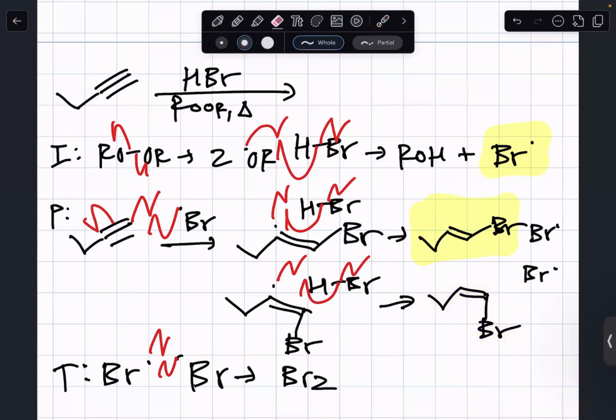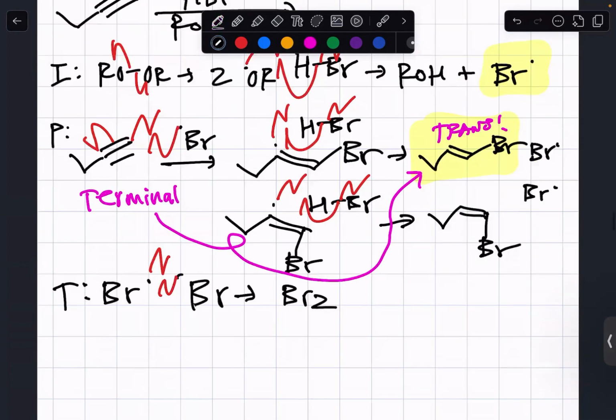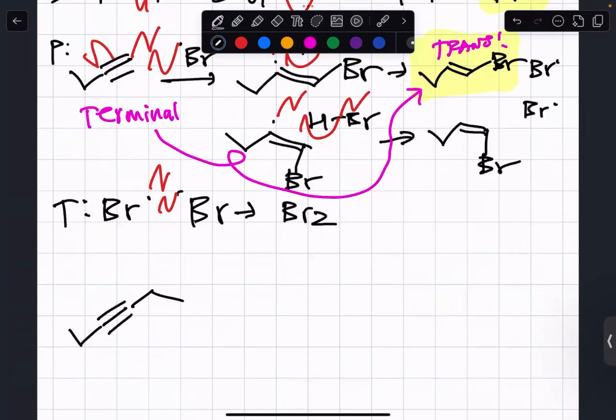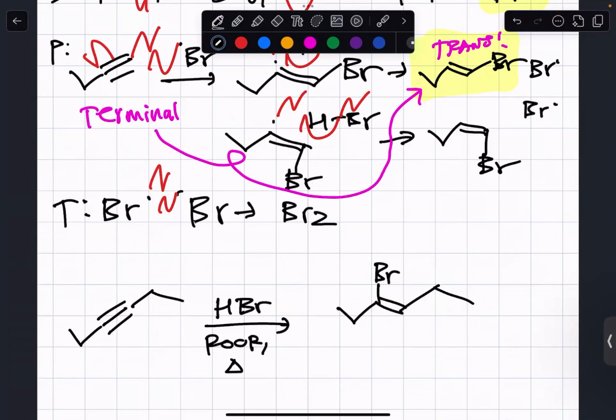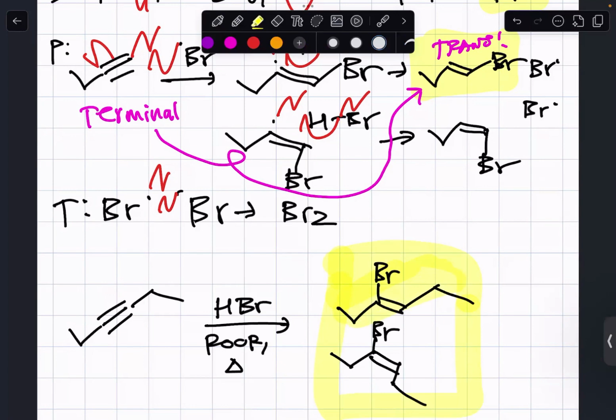Okay, so let me erase this. So this is terminal. Major product would be trans. If you had an internal alkyne and you react it with ROOR and heat, then you can get the E or the Z alkene, or you can get the E alkene like that, and include both of these products as your final answer for predicted product if you have an internal alkyne.